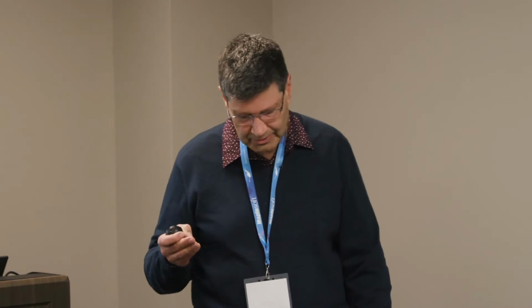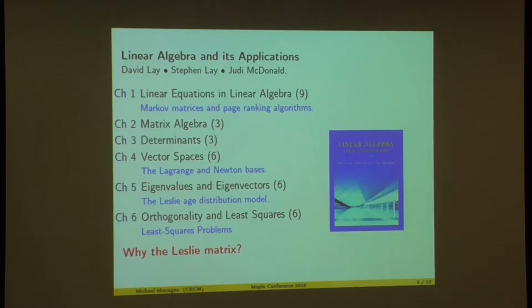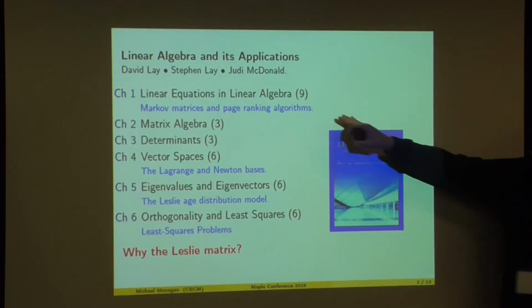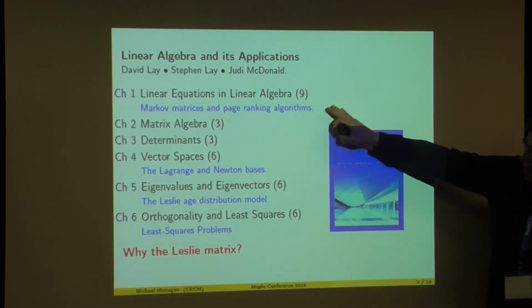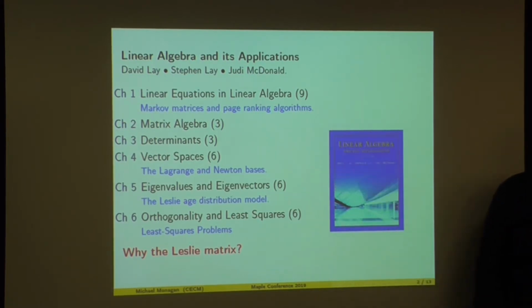So you're deciding which applications you want to teach, and I've sort of settled on 4. I've chosen Markov matrices as an example of matrix multiplication and a linear system, because it's nice if you have a family of matrices in the course that you're teaching.